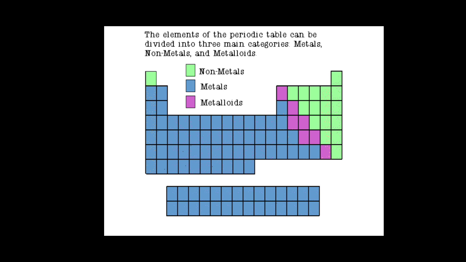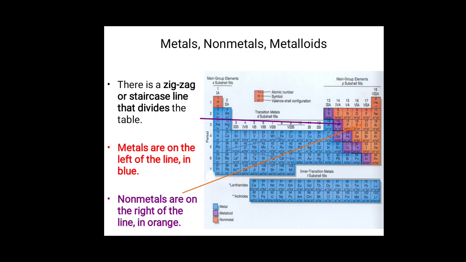There is a different position for non-metals, for metals, and for metalloids in the periodic table. There is a zigzag or staircase line that divides the table.